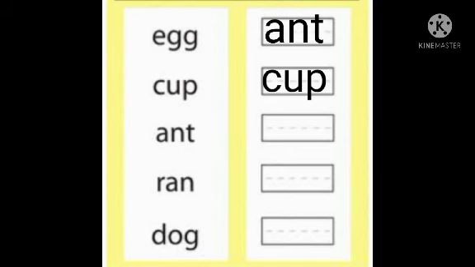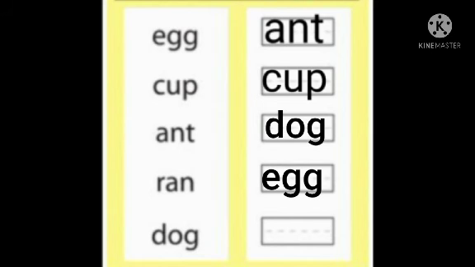So, the third word in our list will be dog. After D, the next letter is E. So, our next word will be egg. Followed by R, the last word will be ran. Over here, you can see that we have arranged the words in the alphabetical order or the ABC order.